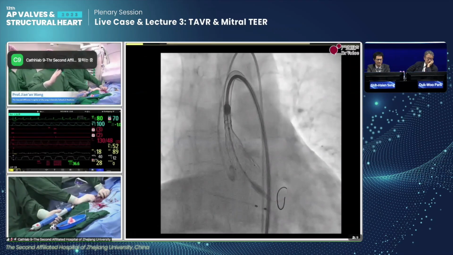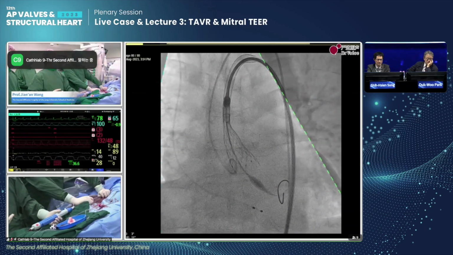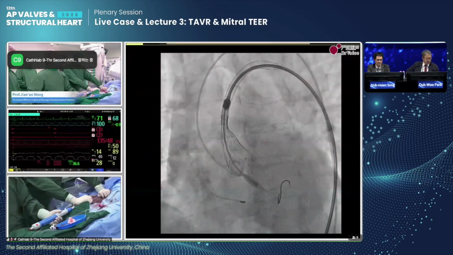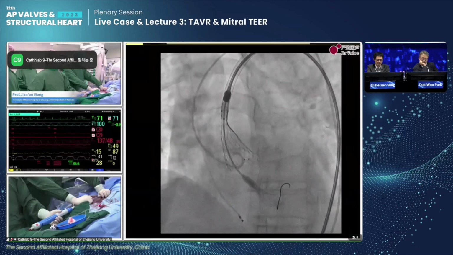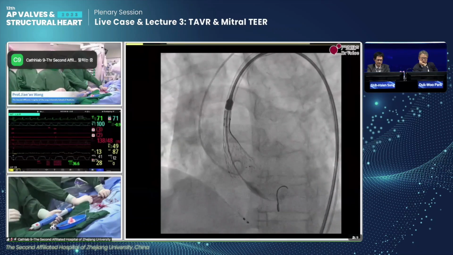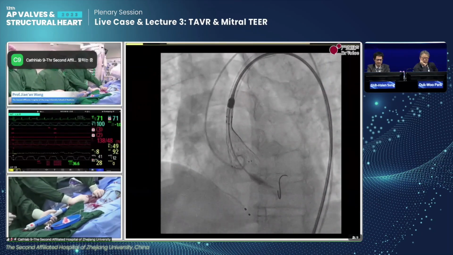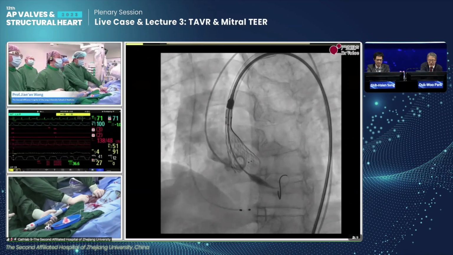Okay, angle to the left and look at the left coronary cusp. We have only 1 hour and one more procedure, the mitral edge repair. So what do you think? Okay, save the angiogram.